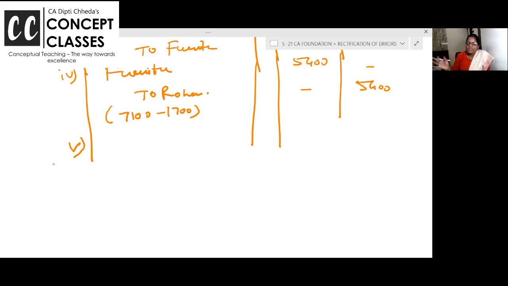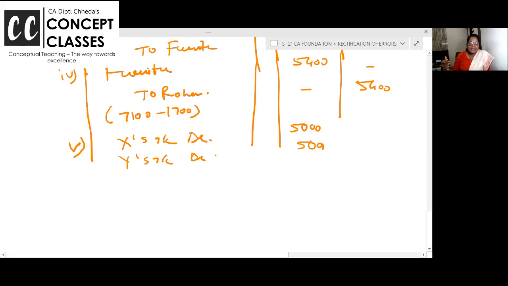Otherwise, you can go with the suspense account and all. So now the sale you have done to X, X account you didn't debit. Now you debit it 5,000. And you have credited Y's account, so Y's account also has to be debited.